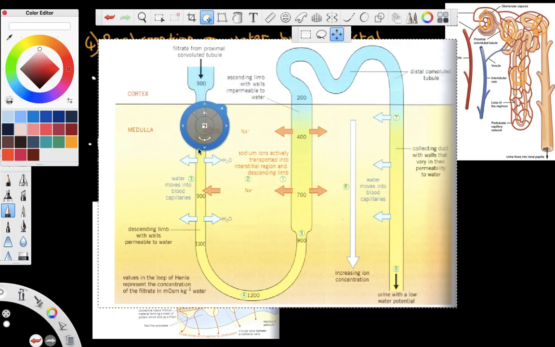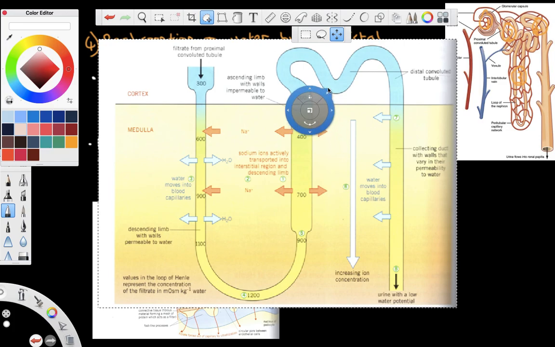The water moves out of the descending limb. Sodium ions move in. We then have a maximum concentration of sodium ions at number 4, which is represented by the number 1200. As it moves up the ascending limb, we get this removal of sodium ions so that the value is back to 200 when we get back into the cortex. So we've lost 100 arbitrary units of water.